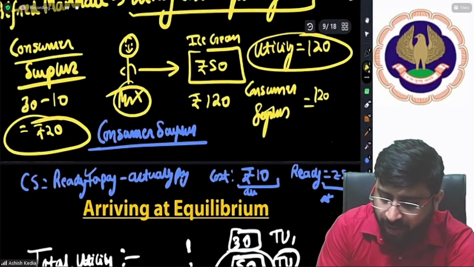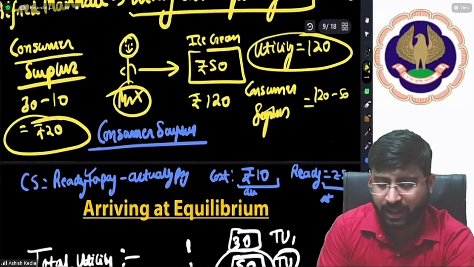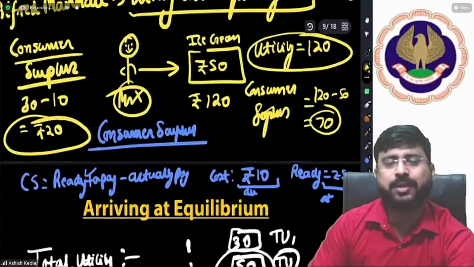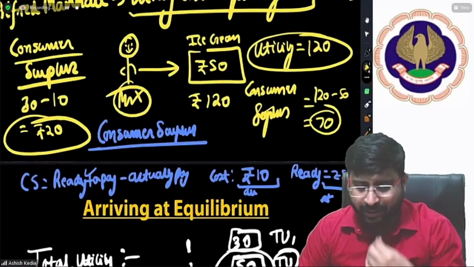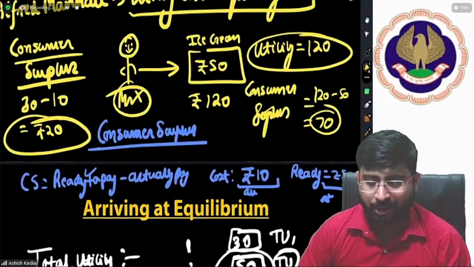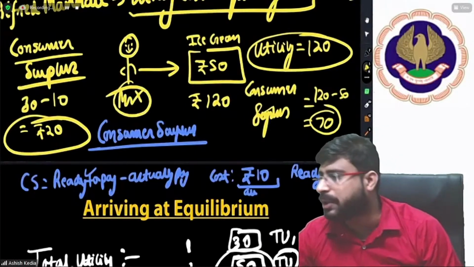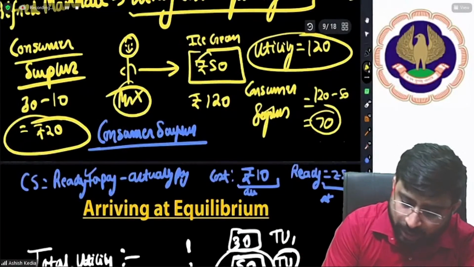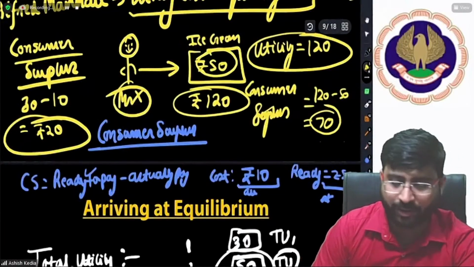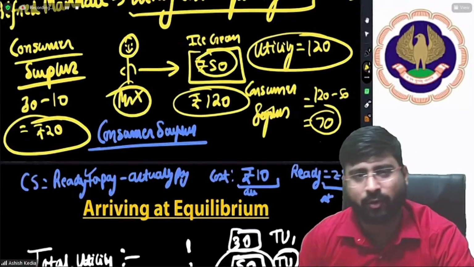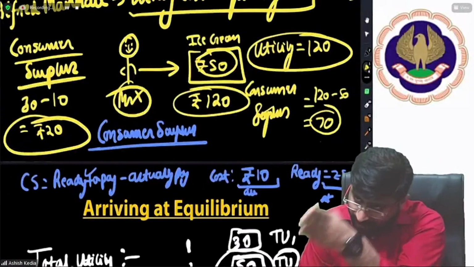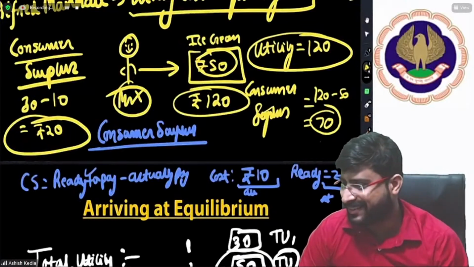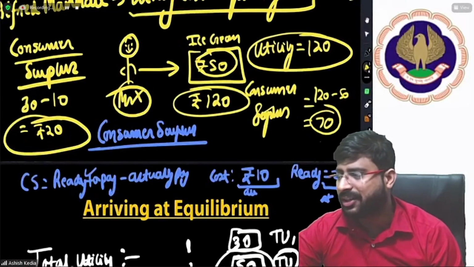You are ready to pay 120, you are actually paying 50. So there is a positive consumer surplus, obviously. What you were ready to pay minus what you actually paid: 120 minus 50, that is 70 rupees.